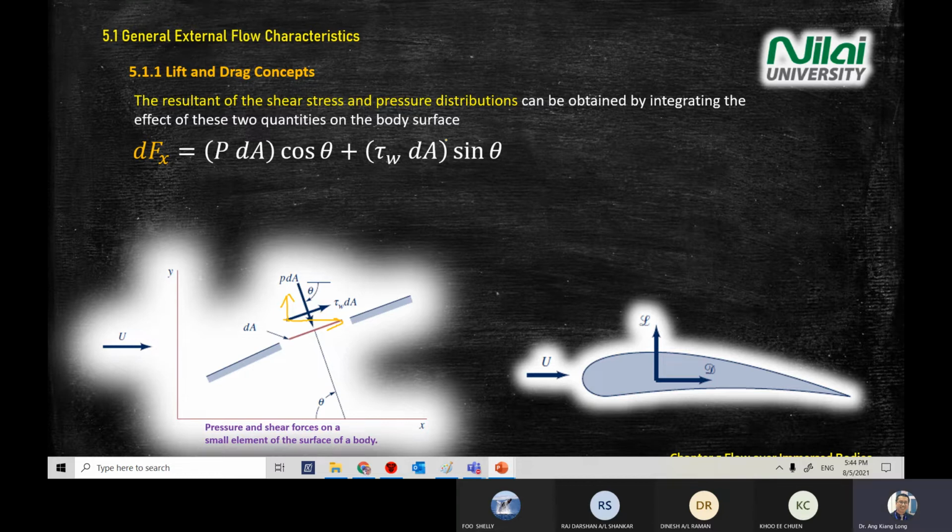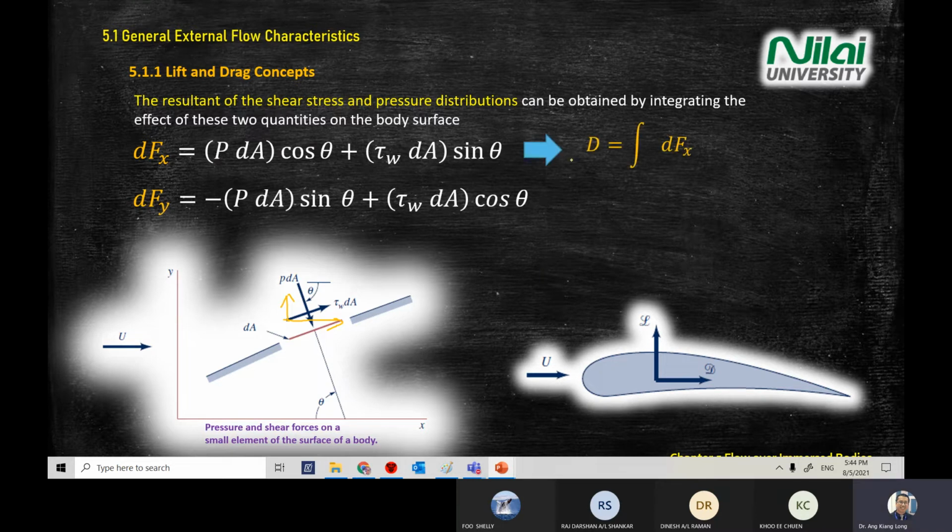So you get this expansion. Then you do for the Y. Also, you will get sine and cos relationship. Okay, then you integrate.